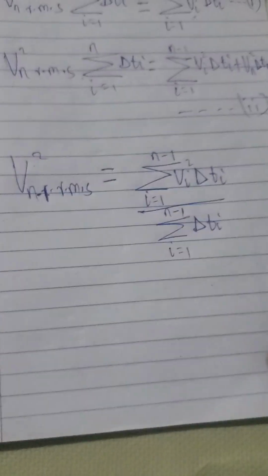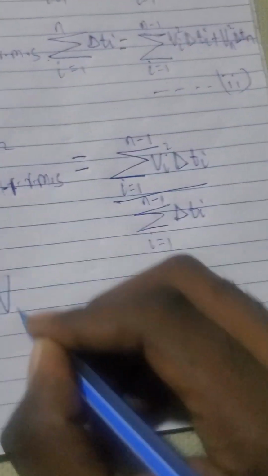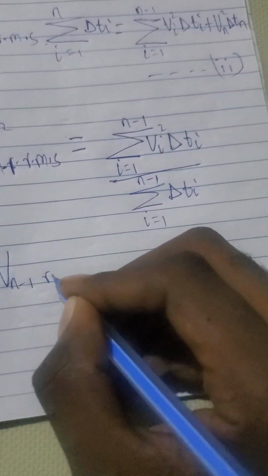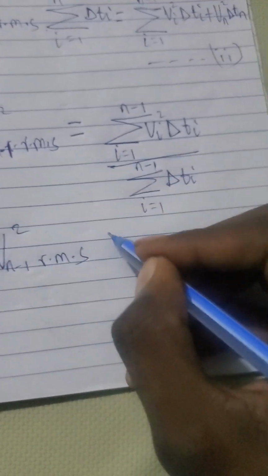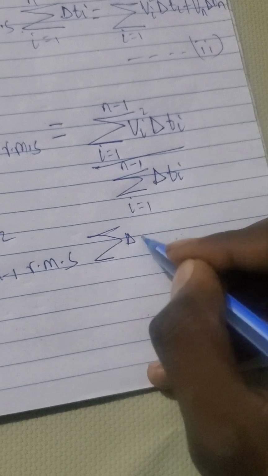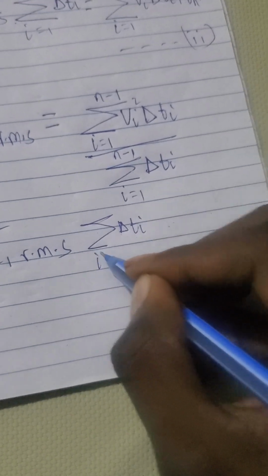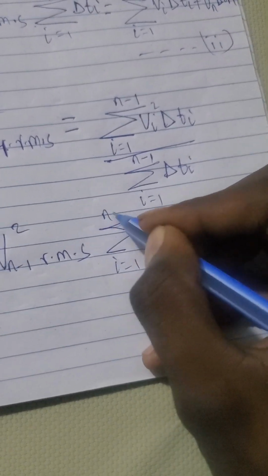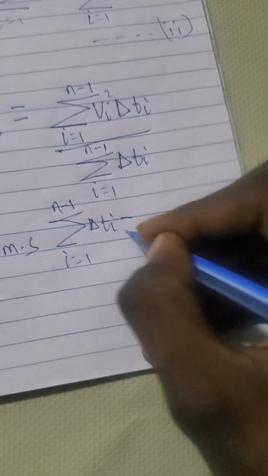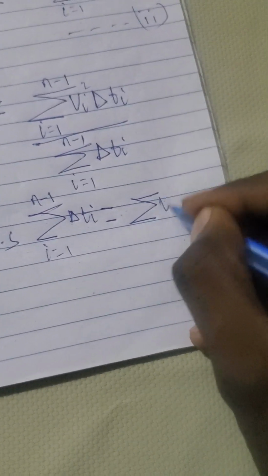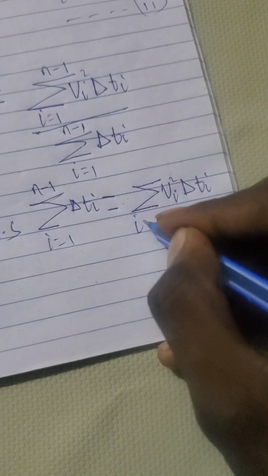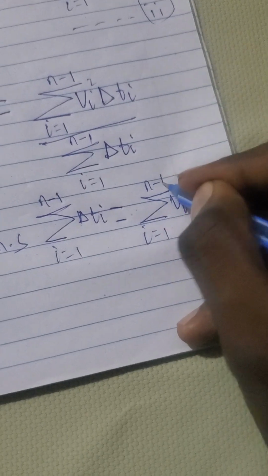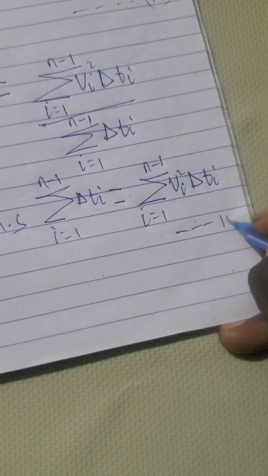Of course, if you rearrange this one, multiplying the denominator on each side, you have the root mean squared velocity for the n minus 1 layer squared, multiplied by the summation of the one-way vertical travel time, i equals 1 to n minus 1, will be equal to the summation of vi squared one-way vertical travel time, i equals 1 to n minus 1. This can be equation number 3.